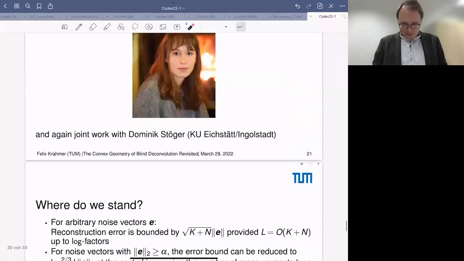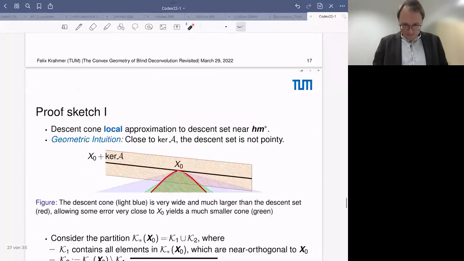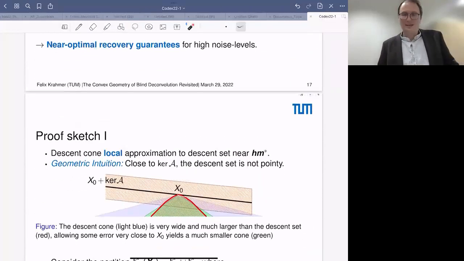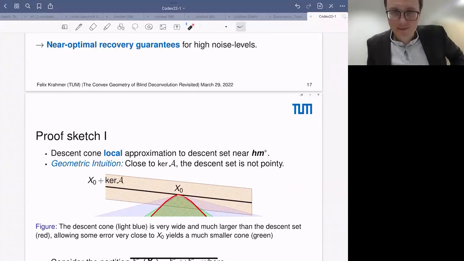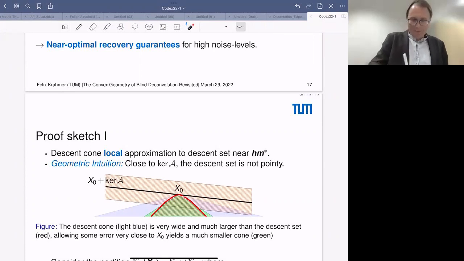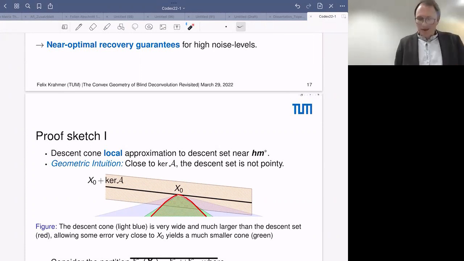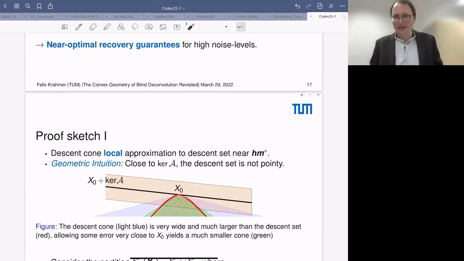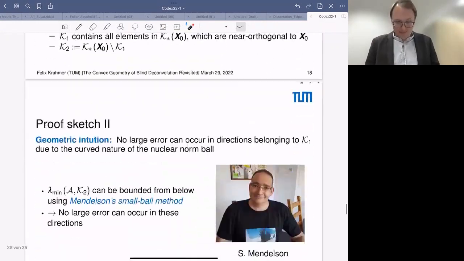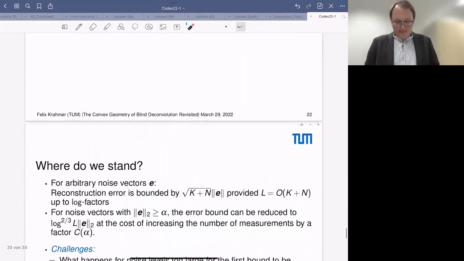Coming back to this picture here, all these points in this parabola are maybe of smaller nuclear norm than x naught, but given a certain constraint, maybe you will not land on the boundary here, because there's always a point in the middle that's even better. We don't know that.